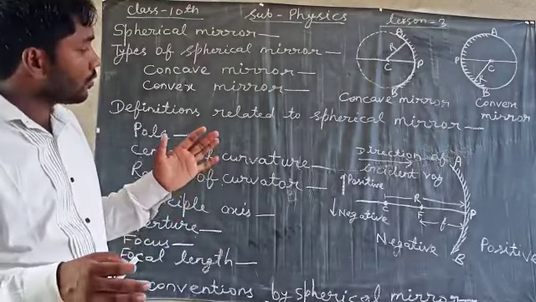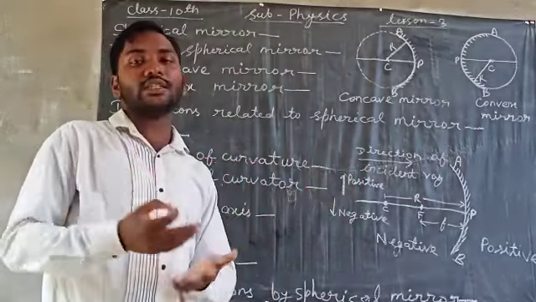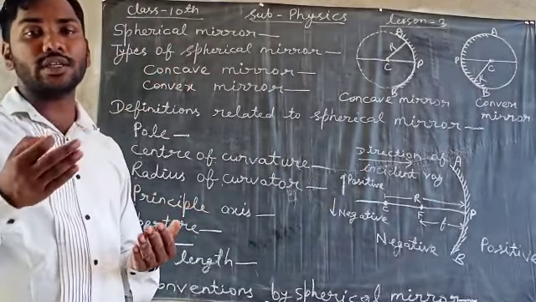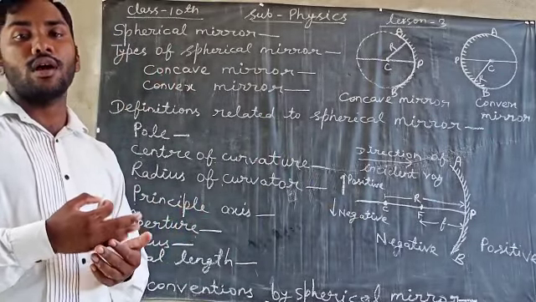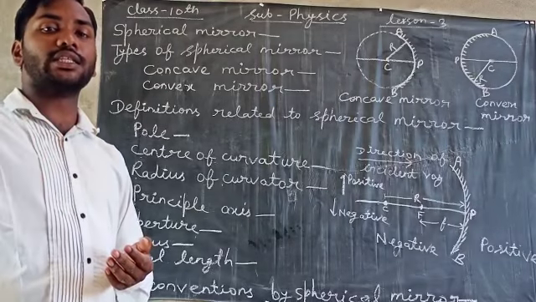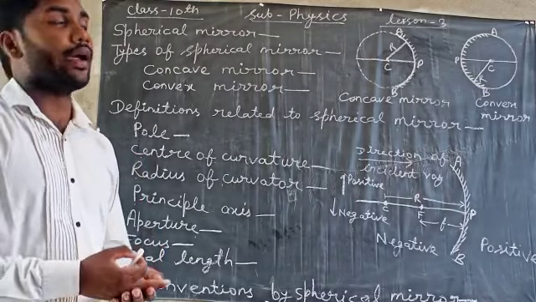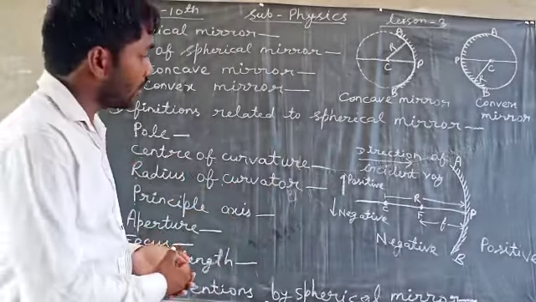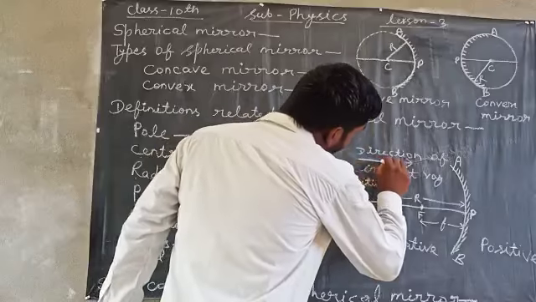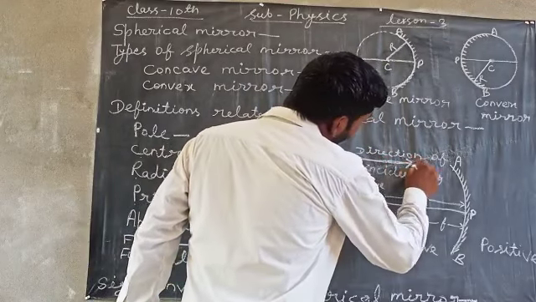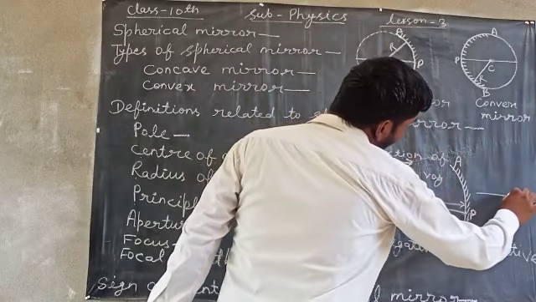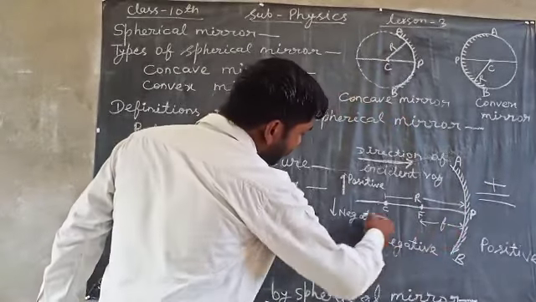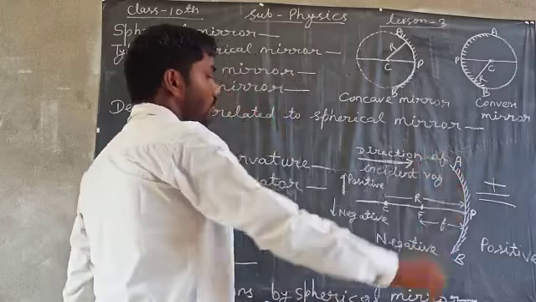The distances in the direction of the incident ray are represented as positive, and in the opposite direction they will be negative. You can see here the direction of the incident ray is toward this side, so this side will be positive, plus, and this side will be negative.